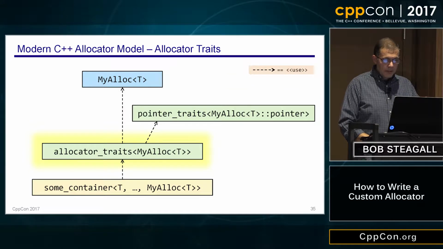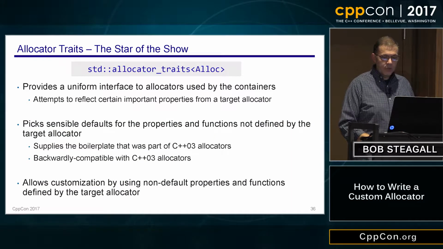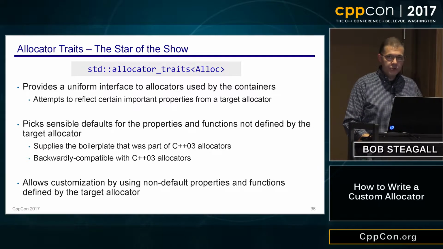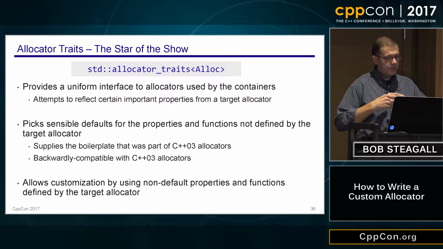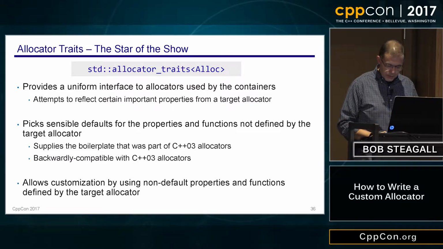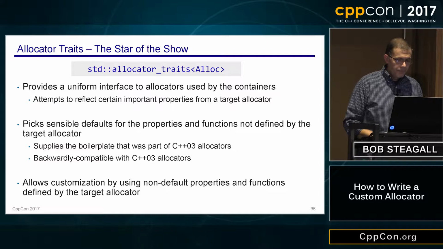So now let's jump knee-deep into allocator traits. As I said, this is sort of the wiring that holds it all together, and I'd like to talk about the important public parts of the allocator traits interface. As I said, it provides a uniform interface to allocators that's used by the containers. It attempts to get information from an allocator and normalize it in a way that a container can use.